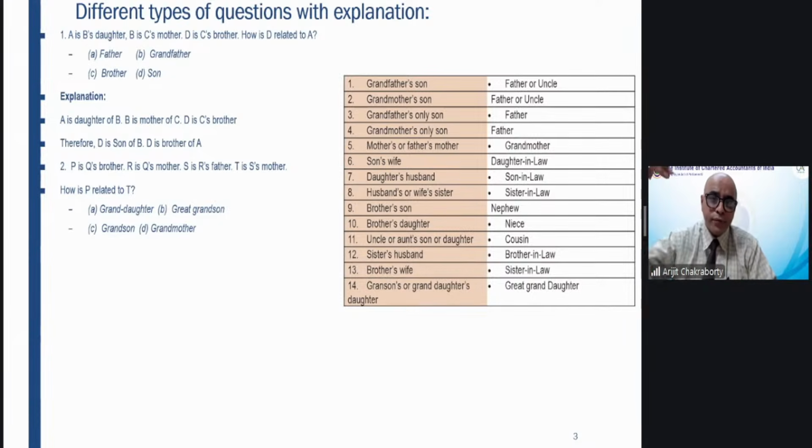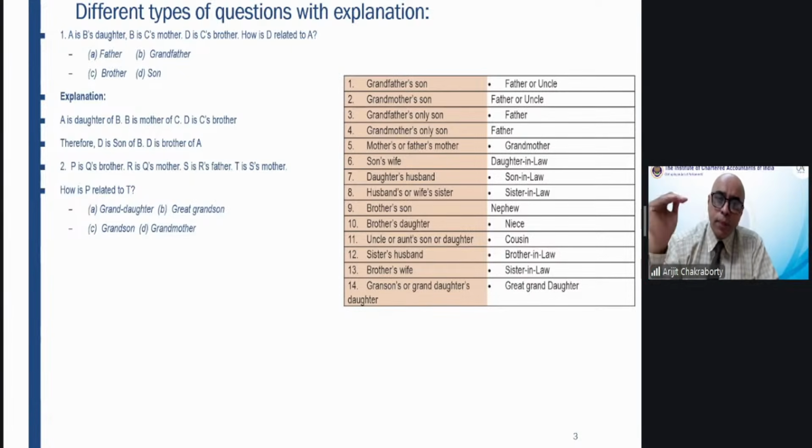So if I look at it from the top to the down, first is T. T is female. T is the mother of S. S is male, as per the statements given in this particular example.